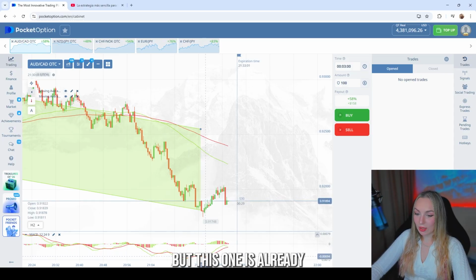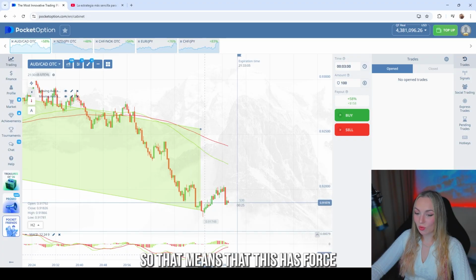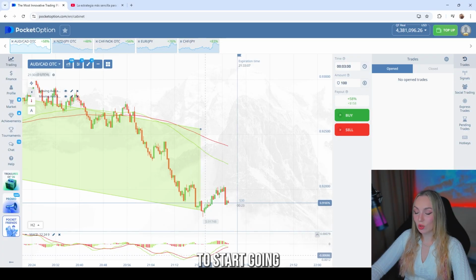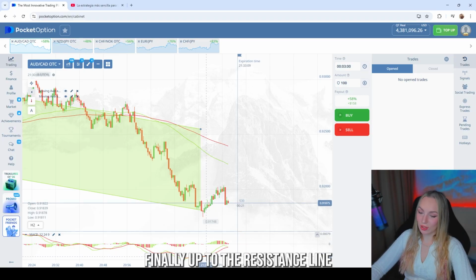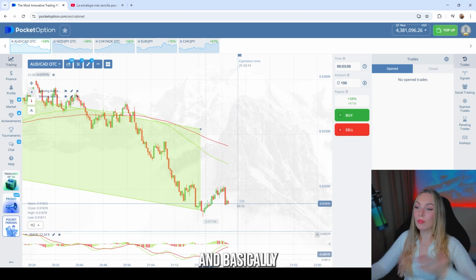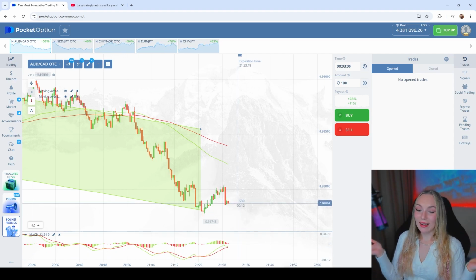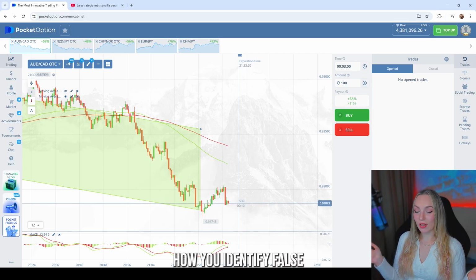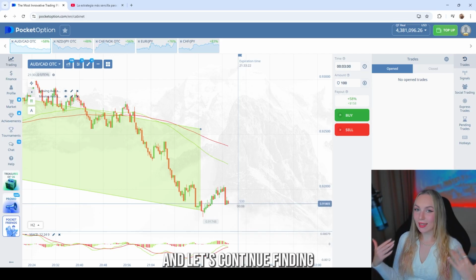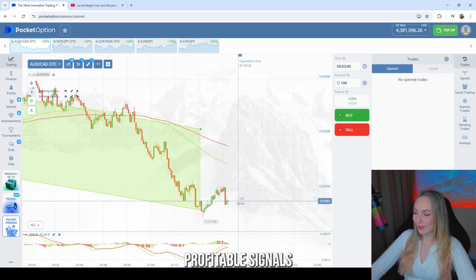But this one is already upper than this one, so that means that this has force and power to start going finally up to touch the resistance line. That's why this signal was amazing, and basically this one was profitable. This is how you identify false and the right signals, and let's continue finding profitable signals.